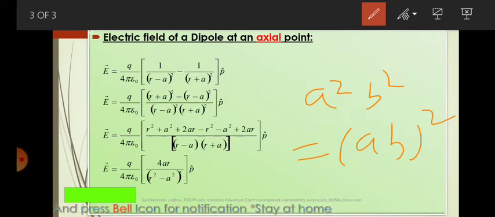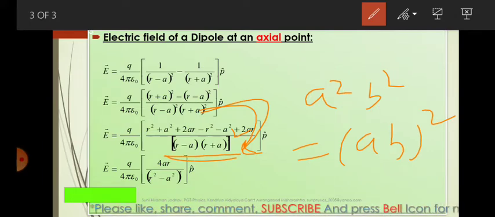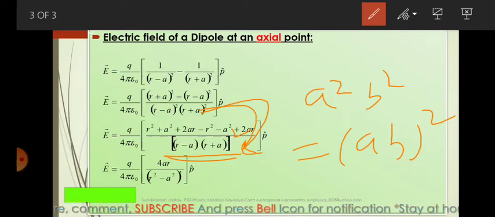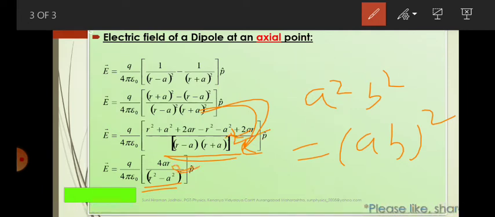So that thing we have done here in this step. This is also square here, right? So this term can be written as (r minus a) into (r plus a) whole square, right? And further, as I have told you earlier, (r minus a) into (r plus a) can be written as r square minus a square, and this square as it is, right?